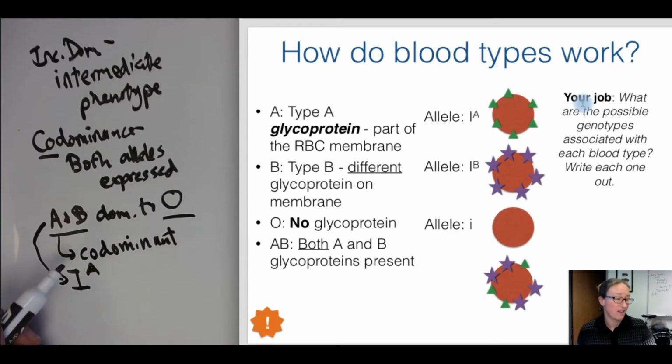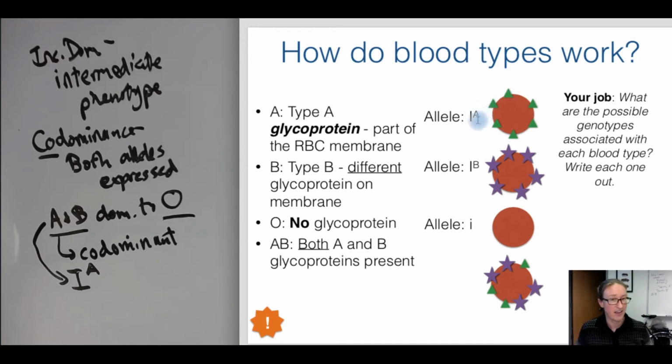So if you have an A allele or two A alleles, then your body is going to produce a glycoprotein that winds up on the surface of your red blood cells. That's called the type A glycoprotein. So up here I've illustrated that with these little green triangles. So that is the type A glycoprotein.